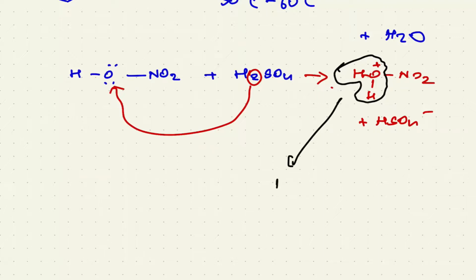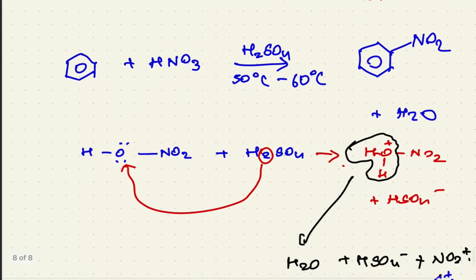So from here you get H2O plus HSO4 minus, plus we have NO2 plus. Due to the kinetics, this NO2 plus does not combine with HSO4 minus, if it's a question. So this would act as an electrophile and go attack the benzene.